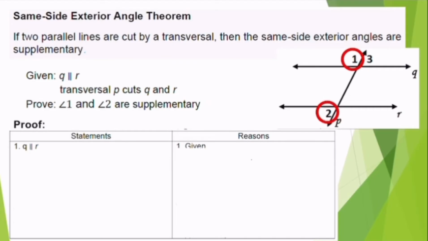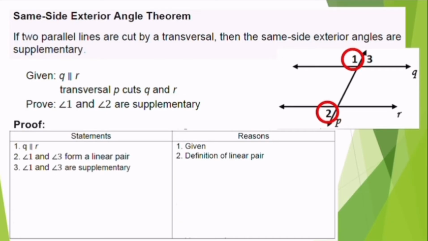For our next statement, angle 1 and angle 3 form a linear pair. The reason, the definition of linear pair. Next, angle 1 and angle 3 are supplementary.